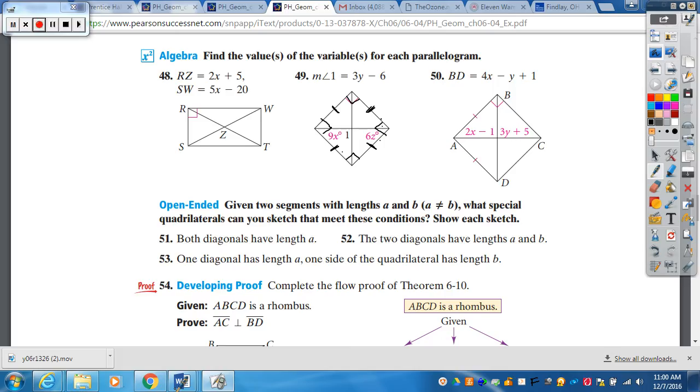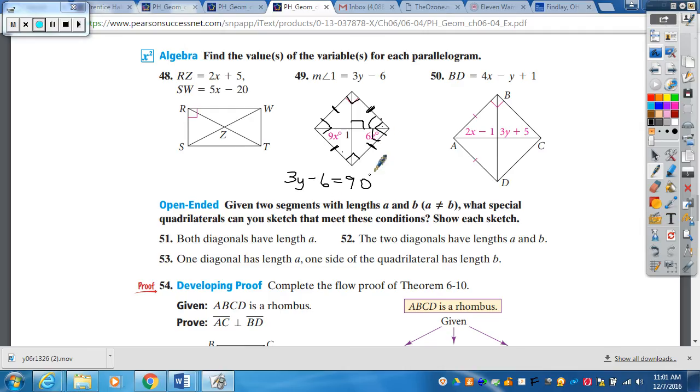Now, the key here, folks, is going to be this. Understanding the diagonals of the rhombus. The diagonals of a rhombus are perpendicular. So if I go ahead and draw that in, I know that angle 1 has to equal 90 degrees. So that's how I come up with the equation to solve for y. I also know that the diagonals of a rhombus bisect these angles here.